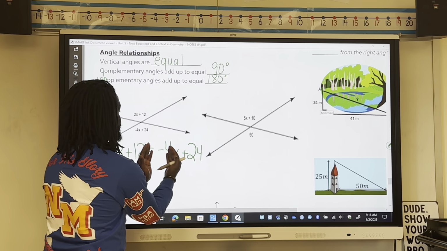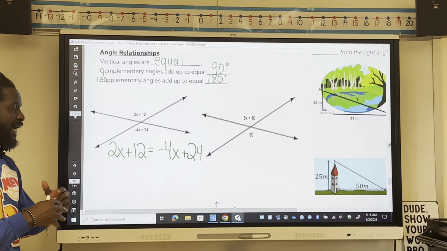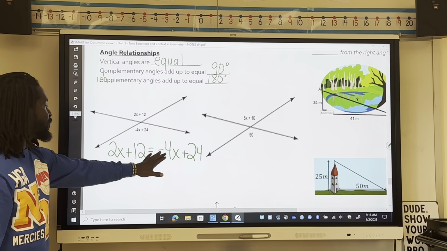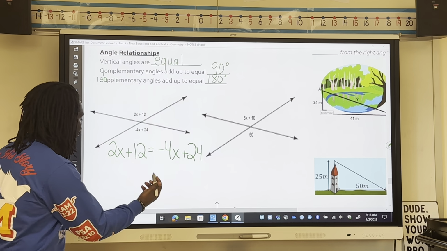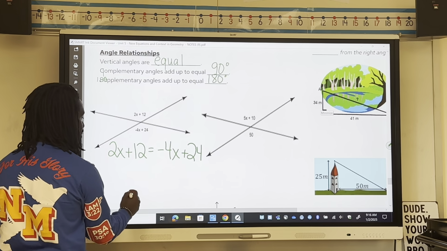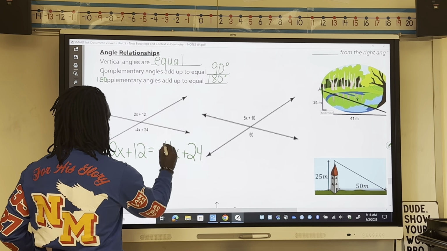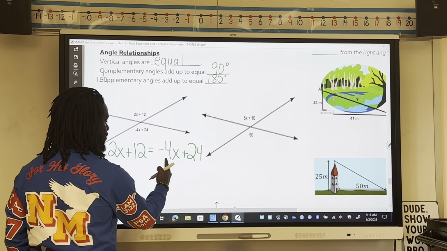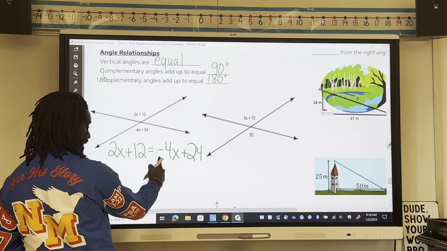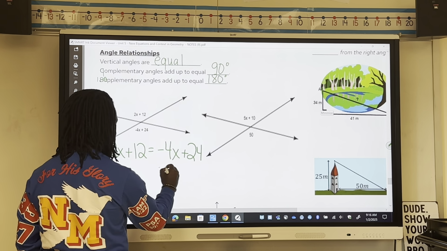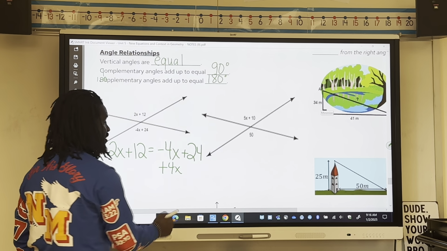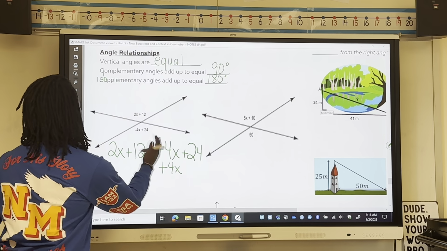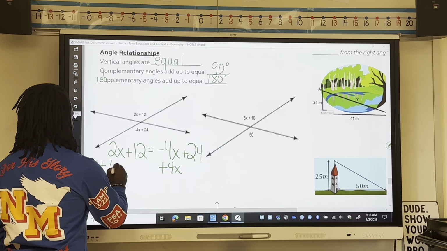I could move it to the right side, but when I taught you this a couple weeks ago, I said to always move it with the x in the front. But you don't have to. You can solve it either way. So I'm going to move this x to the other side. To do that, I have to do the inverse operation. Right now, it is a negative 4x, so I'm going to add 4x. That is the inverse operation. Whatever I do to one side, I must do to the other side.